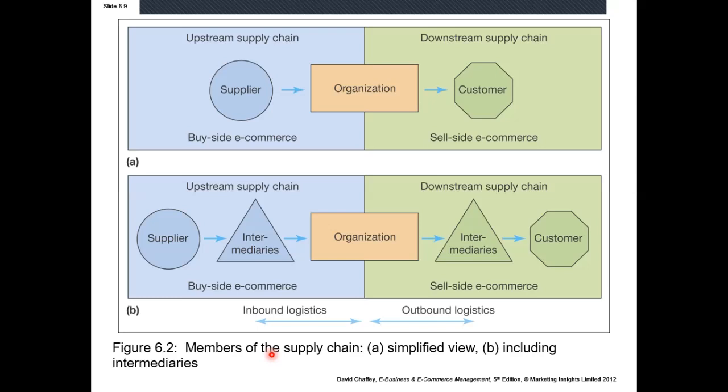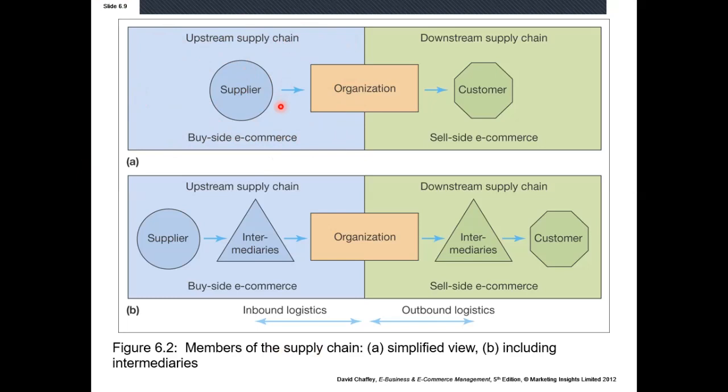So if you look at this figure once again, here you find the upstream supply chain, right? So whom do you find in this upstream supply chain? You may have suppliers, and their suppliers, right? There may be so many tiers in between, right?